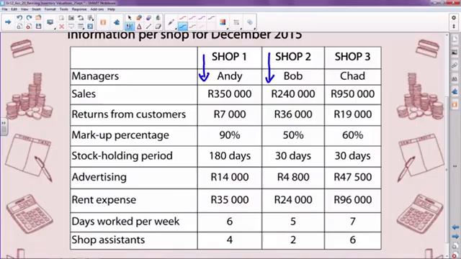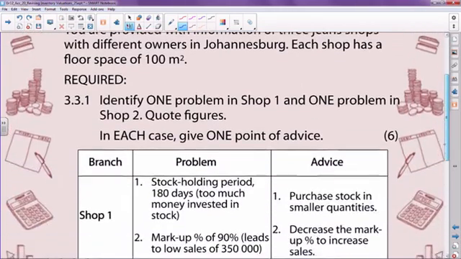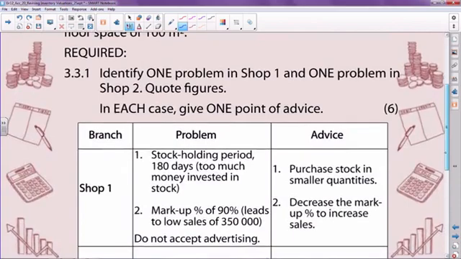Welcome back, grade 12s. Okay, let's see whether you've identified the problems and what type of advice you have given to Andy and Bob. Well, here goes. Let's look at shop number 1 first. Your stock holding period of 180 days is definitely unacceptable.